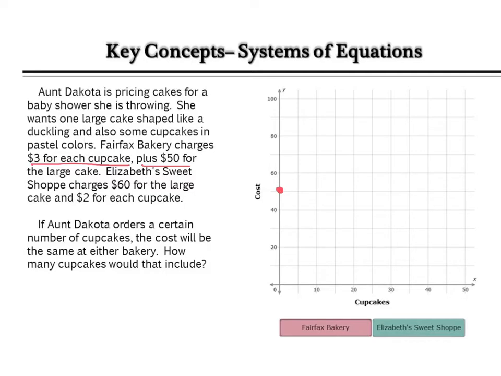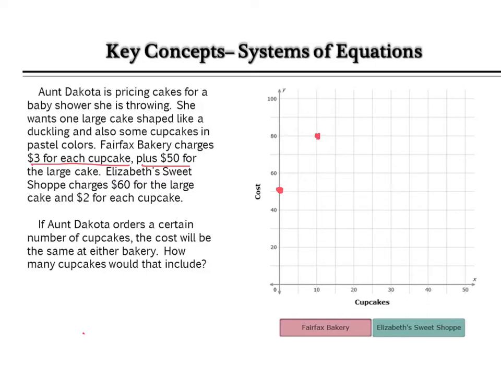For example, 3 times 5 is 15, and 15 plus 50 is 65, so I could go, that's 70, so I can't go to 65, and 10 times 3 is 30, and 30 plus 50 is 80, so my next point could be right here at 80.